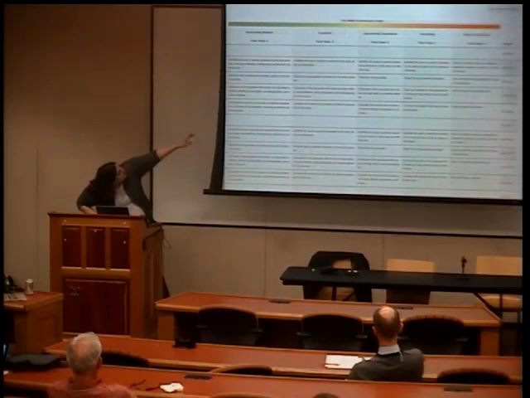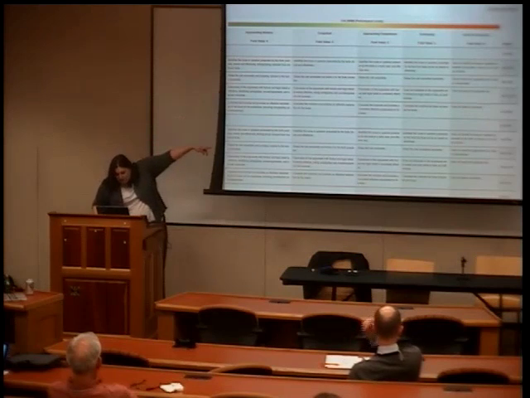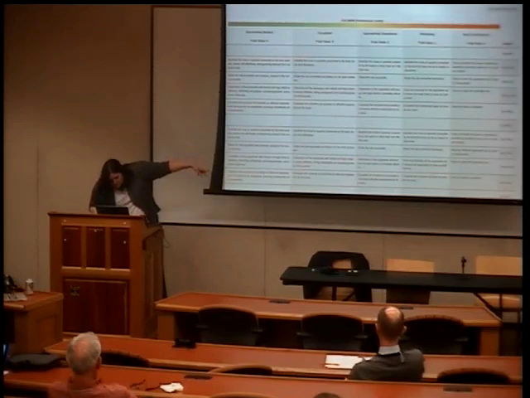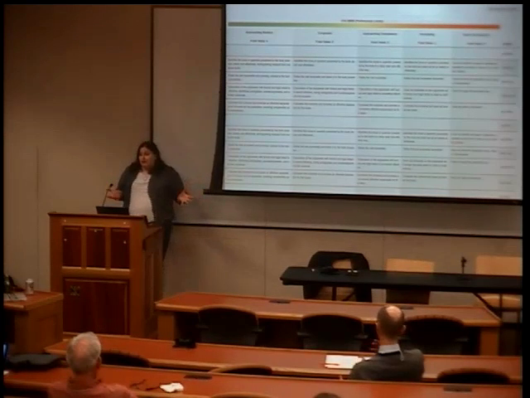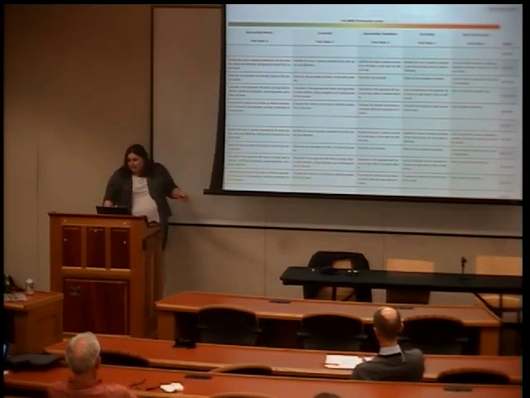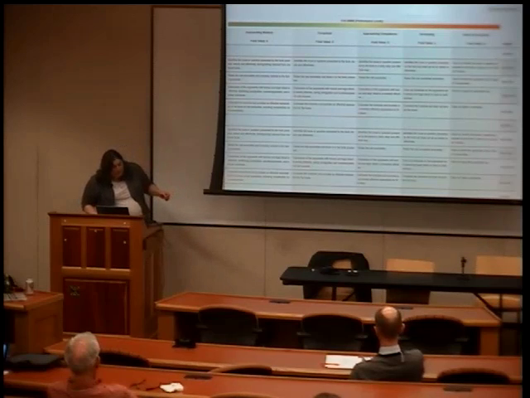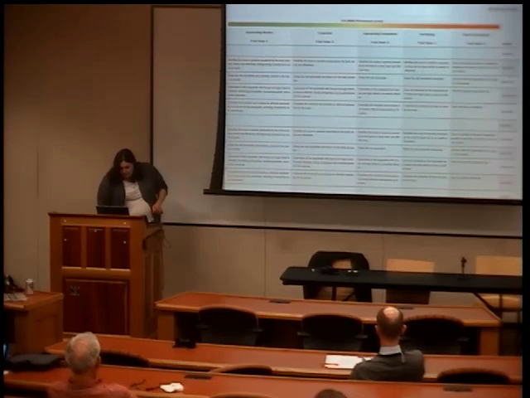And he's got his columns: approaching mastery, competent, approaching competence, developing, needs development. Now this is setting up the rubric, okay? Next slide.